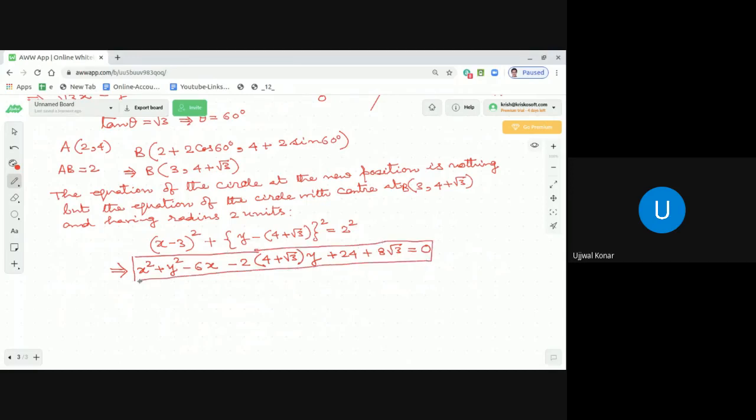Okay, now we are going to discuss the equation of the tangent to a circle in terms of the slope m. So, equation of the tangent in terms of slope m. Let me take you to the next page and explain further.